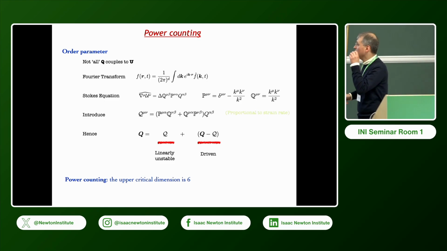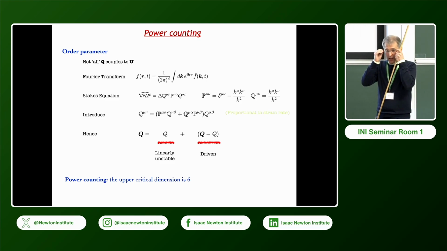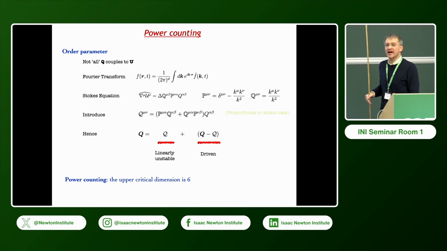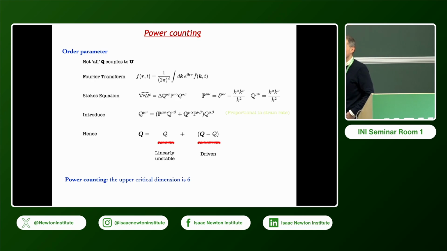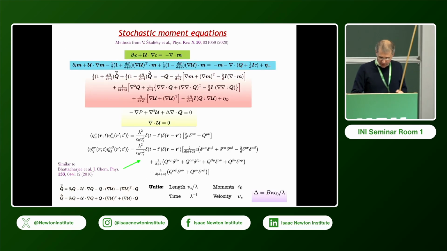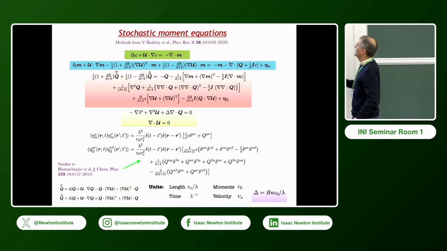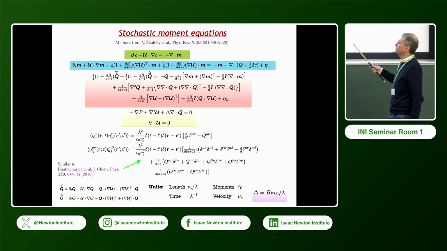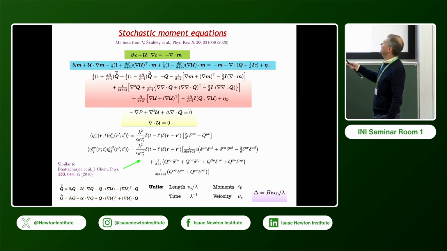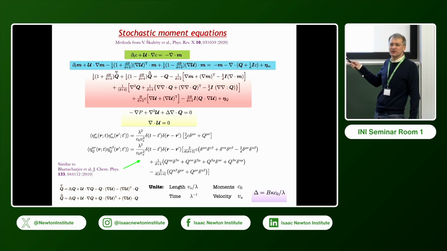Okay, so now comes the bit where I really need to drag you through this. This is not entirely technical, but that was a very important point for us. So if you look at this Stokes equation, sorry, I just realized this is incredibly annoying. Delta is not a Laplacian. This is not bi-Laplacian.